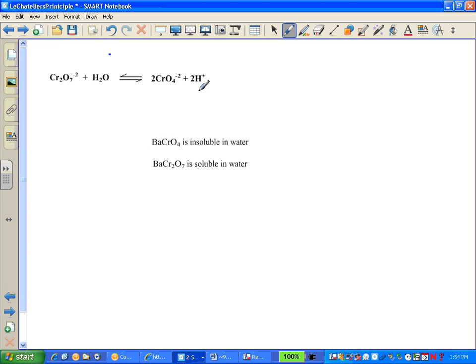And as discussed in the pre-lab, when you add hydroxide ions, those react with the H+. So it's a neutralization reaction.